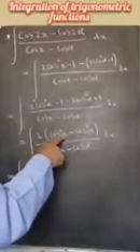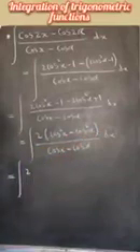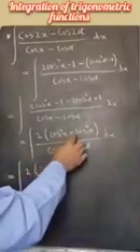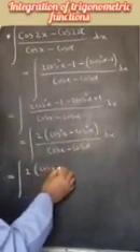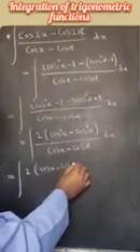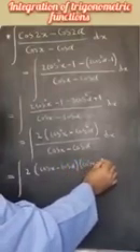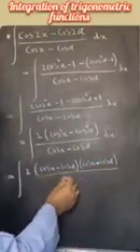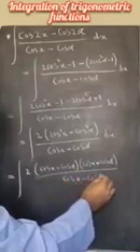That is further equal to integral twice. Now here cosine square x minus cosine square alpha. We know that a square minus b square is equal to a minus b into a plus b. So we can write cosine square x minus cosine square alpha as cosine of x minus cosine of alpha into cosine of x plus cosine of alpha divided by cosine of x minus cosine of alpha.